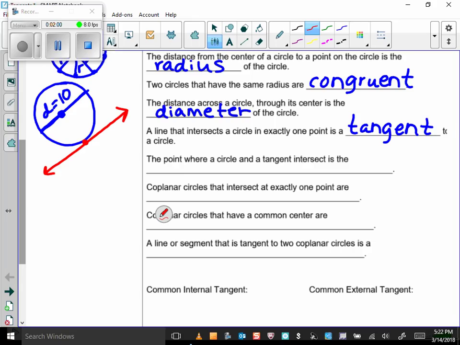The point where a circle and a tangent intersect, which would be right there, is the point of tangency. Point of tangency.